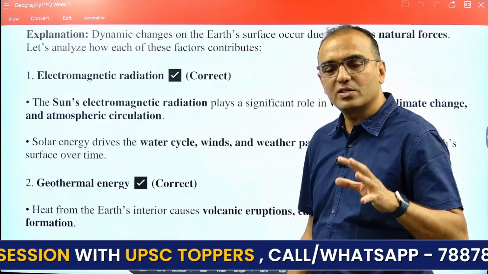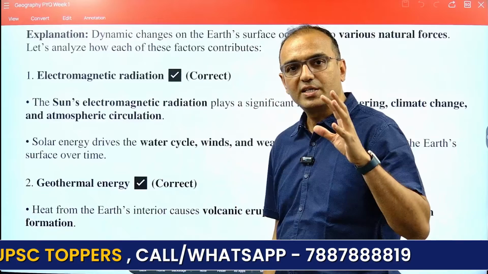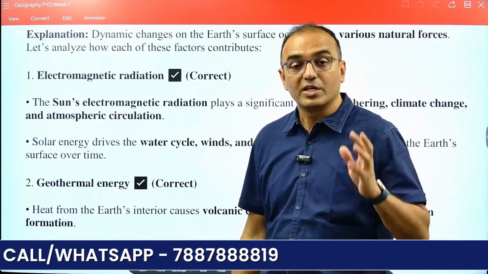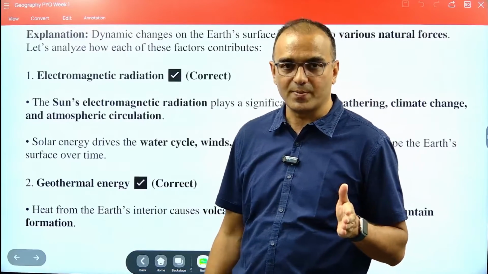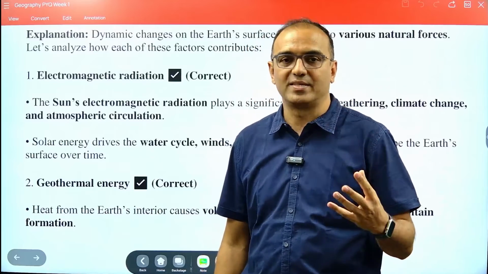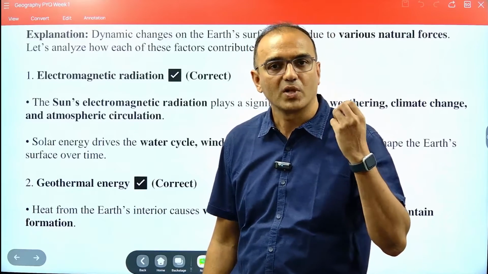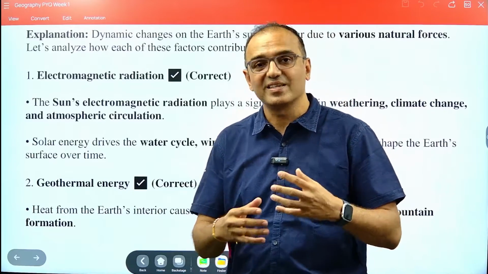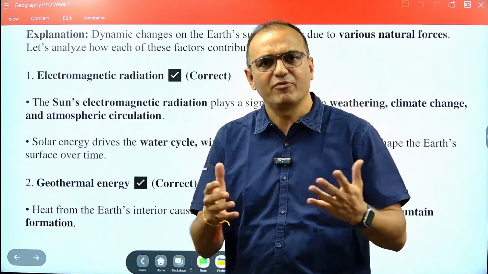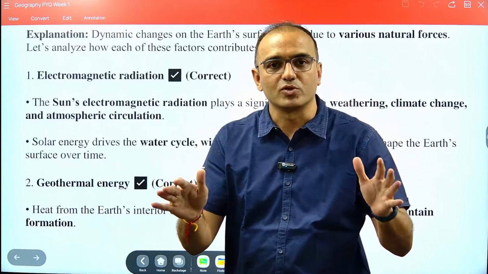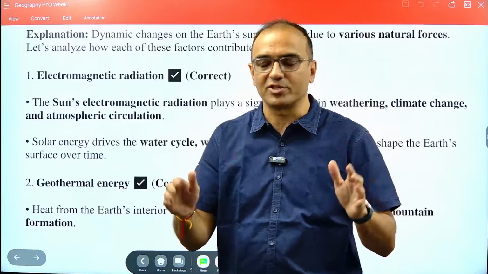So this sun rays, right, solar waves, the electromagnetic radiation from the sun does impact the rate of weathering. So it does play a role, significant role in shaping of landforms or dynamic changes on the surface of the earth.